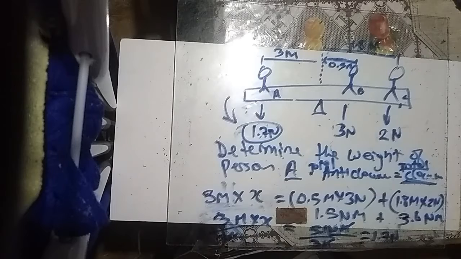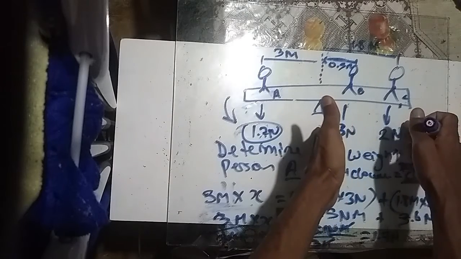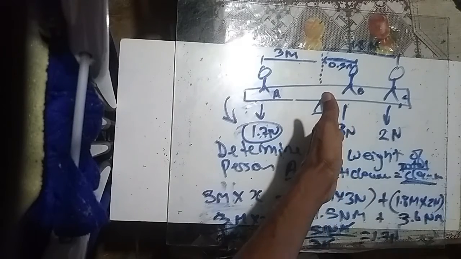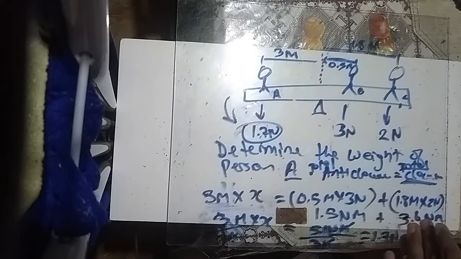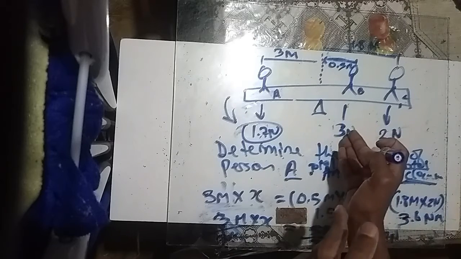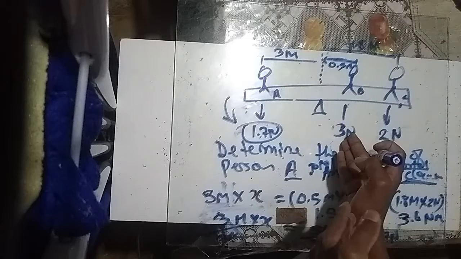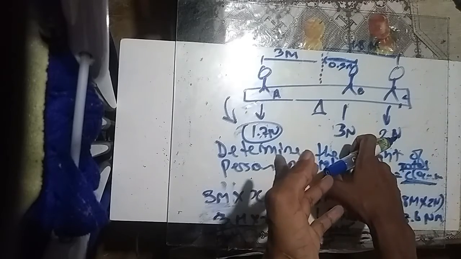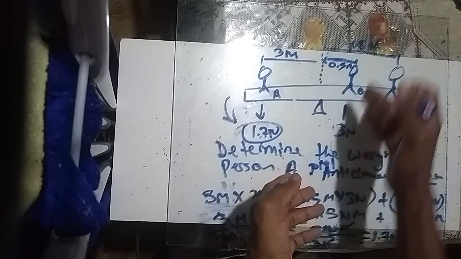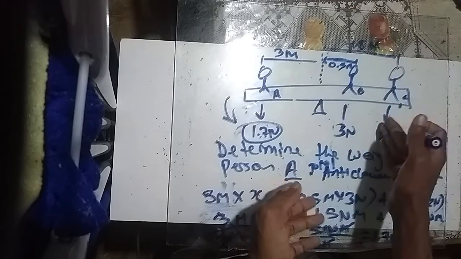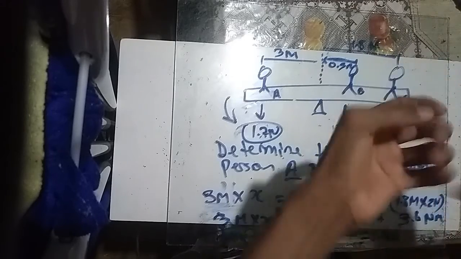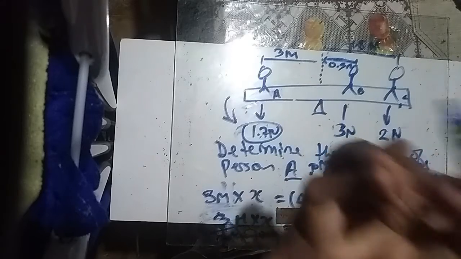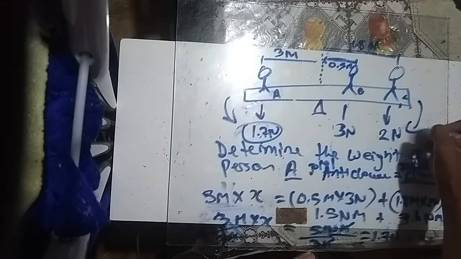Quite easy. All you need to do is look over here and say, oh, two of them on the same side. Then that means I have to add them up. You understand? I have a weight for him, a force for him, a distance for him, and a force for him, which is also his weight. And I have a distance for him, therefore I can find a moment for him and a moment for him. Add up the two moments and then get a total clockwise moment, which is acting in that direction.